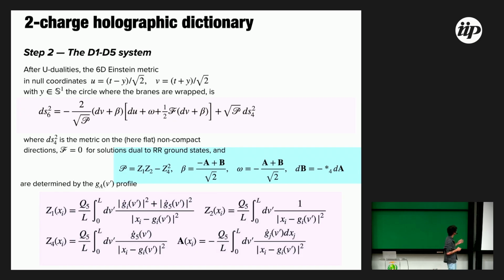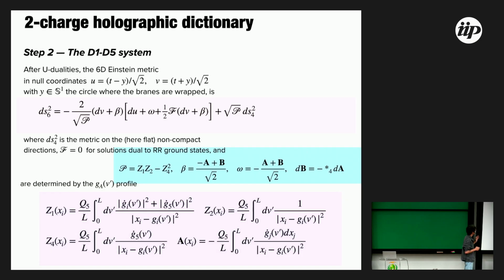It's a collection of functions and forms. Omega is a form, beta is a one-form, etc. It's a geometry. And it is described by a set of functions. And if you look, you will see that it boils down to functions Z1, Z2, Z4, and these A and B. These are the basic ingredients that you use to construct this geometry.